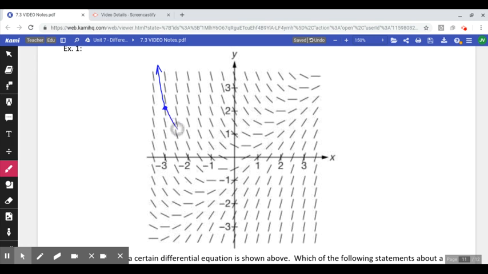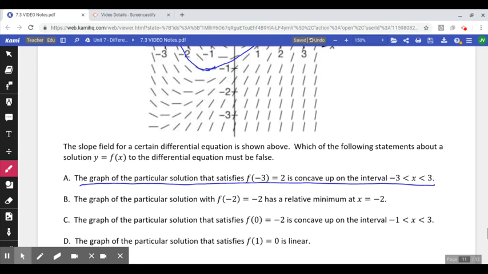As we continue around these slopes, we're going to start to shallow out here. We should have a minimum right here. And then as we continue up, we look like we have kind of asymptotic behavior right there.